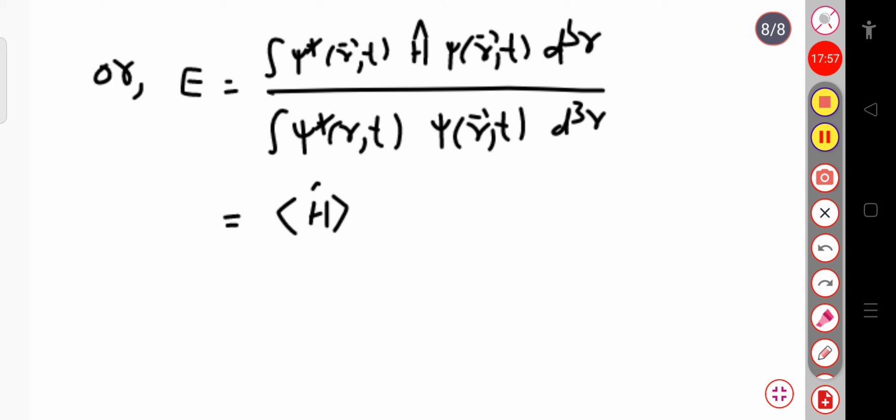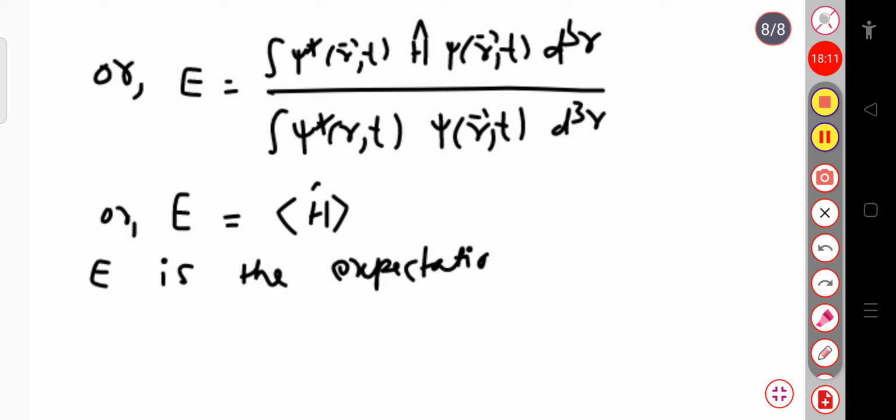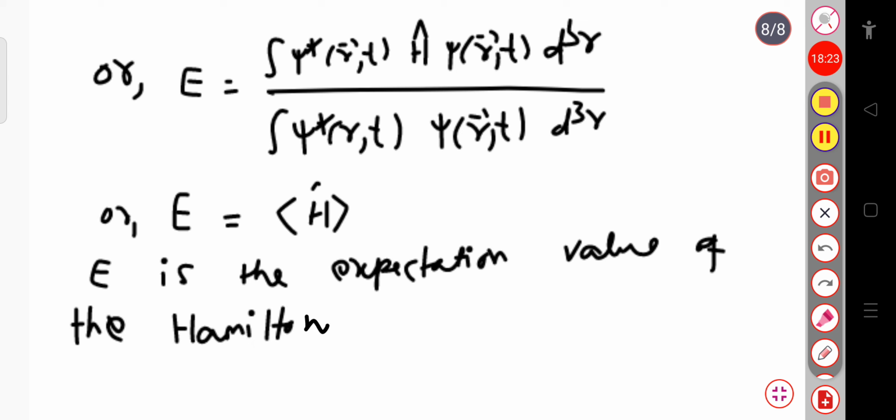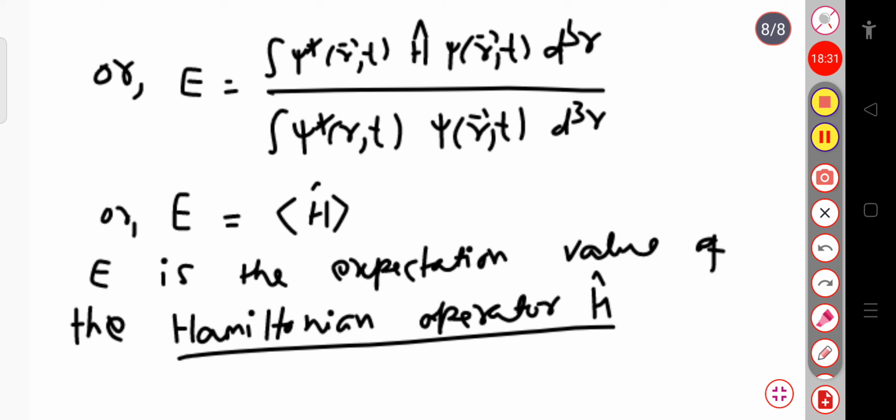E is the expectation value of the Hamiltonian operator Ĥ. Let us underline this. This is the Hamiltonian operator Ĥ in the state ψ(r,t).